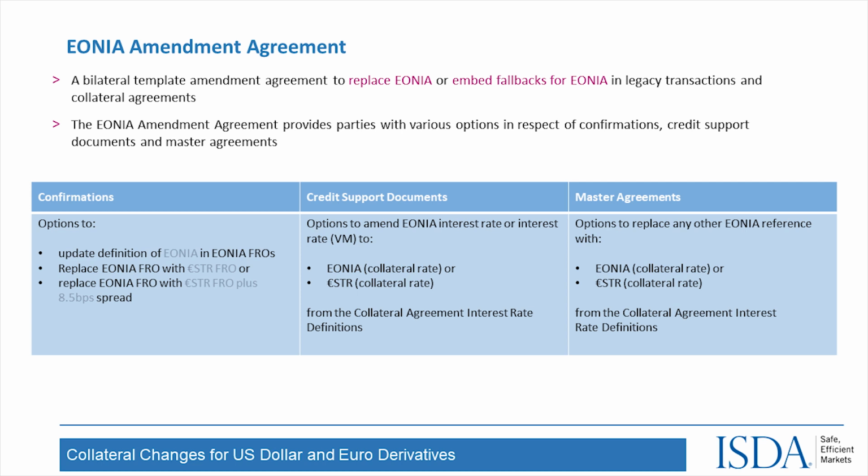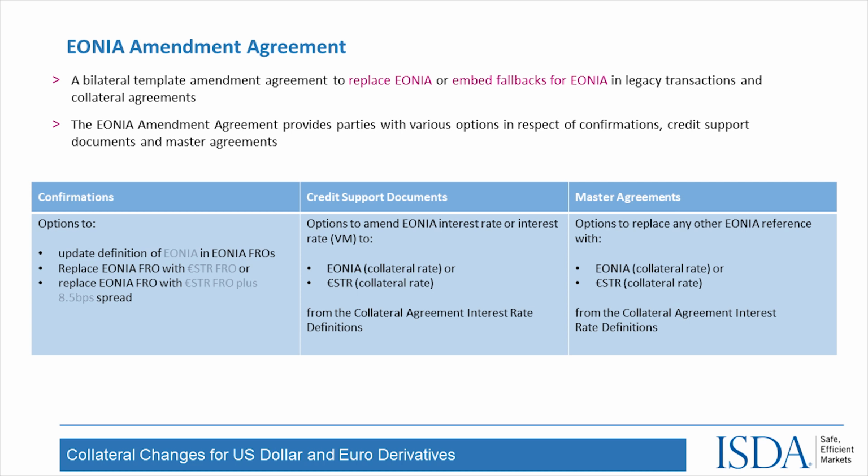And the final group of documents which can be replaced is master agreements or any other transaction documents which have an IONIA reference. So, for example, if firms have entered into a long-form confirmation which has collateral-like terms embedded in that confirmation, and those collateral terms provide for IONIA as an interest rate, then that in itself is not a collateral agreement.